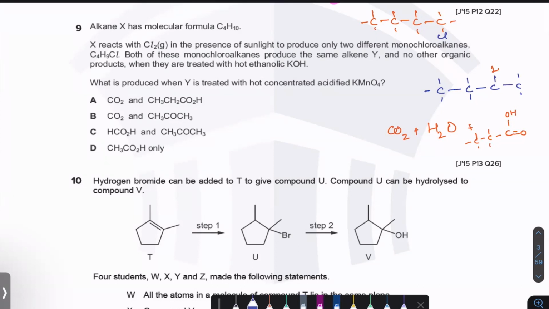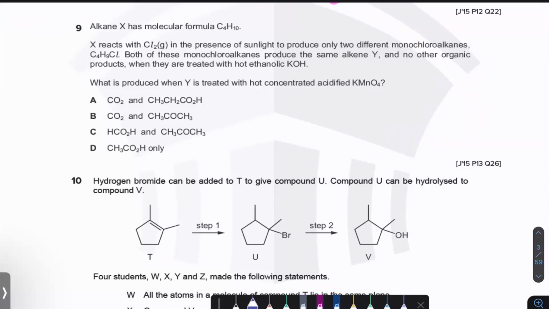Actually, when this chlorine goes away, the major product will be this. And because of this major product, the double bond will form here. And because of that, what will happen? A ketone will form, right? Yes, this bond will break. We will get ethanoic acid. No, not ethanoic acid. We will get propanone.